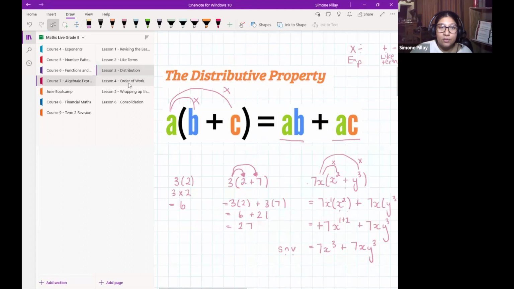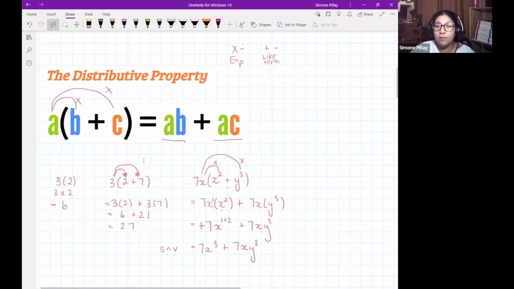And by the time we've done order of work, remember we still have to do lesson 4, 5, and 6 in my algebraic expressions. So once I've done these last 3 lessons, we will 100% be able to answer the question you've put in the chat. But for now, as far as we've gotten, I don't want to answer your question and confuse everybody if we haven't gone through the actual lessons that cover the work that's going to relate to that question.